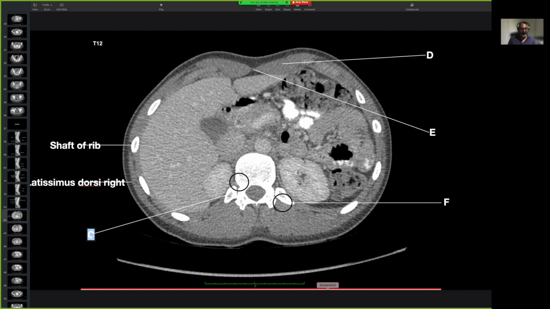That's right. So this is the costovertebral joint, and this is the costotransverse joint. Good job. All right. Now this is right in the anterior abdominal wall.